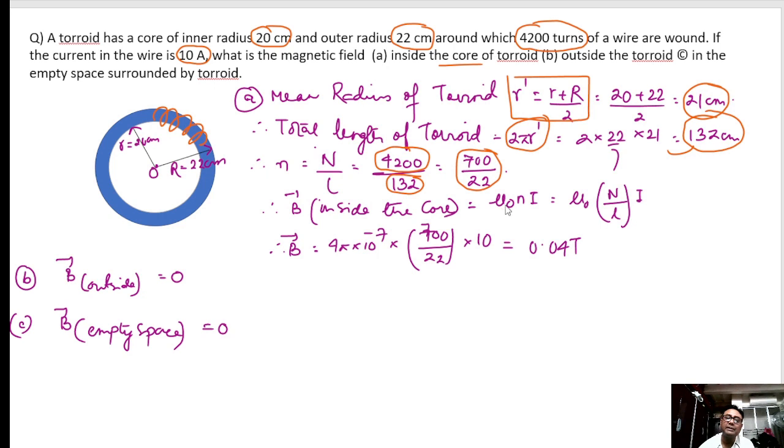Now magnetic field inside the toroid is same as the solenoid. We are calculating it, we are getting this. Outside should be 0. In the empty space, that means this area, it should be 0, because magnetic field is only in the conducting part of the toroid, only in these parts. Clear?